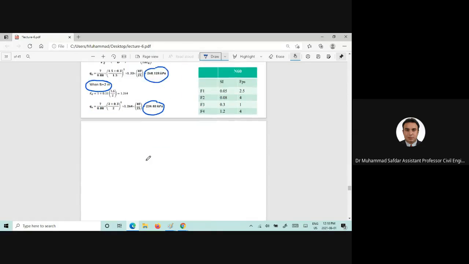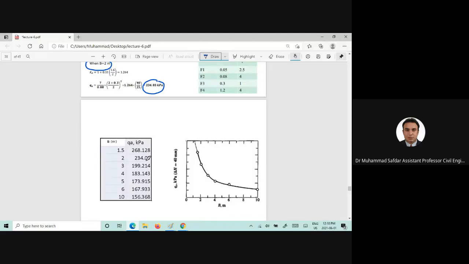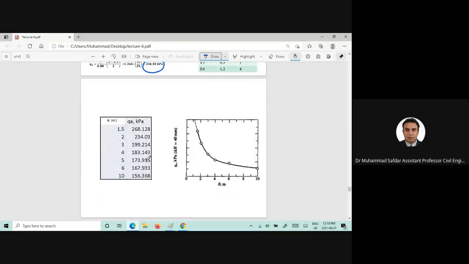Okay, as B is greater than 1.2 meter or F4, therefore we are going to use the second equation, and we will create a table for the width of the foundation and the allowable bearing capacity. Okay, so if we do few trials, we can clearly plot that in Excel as well.